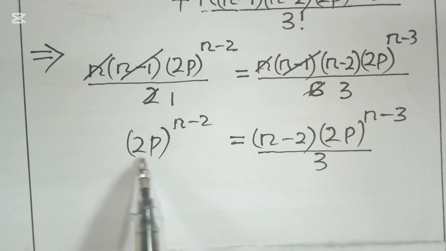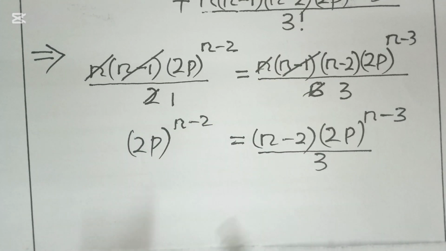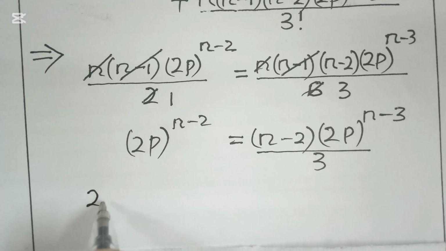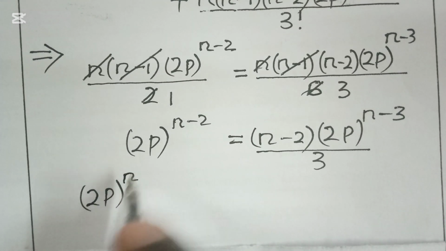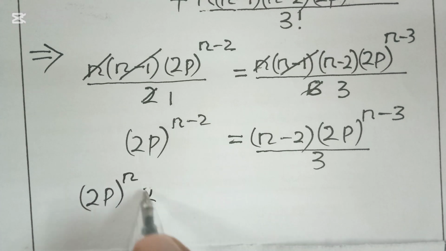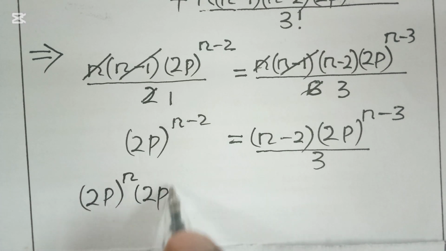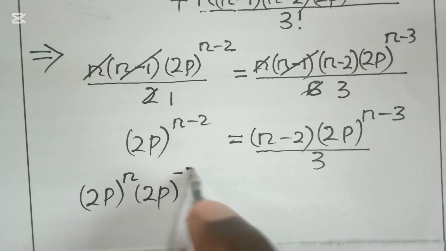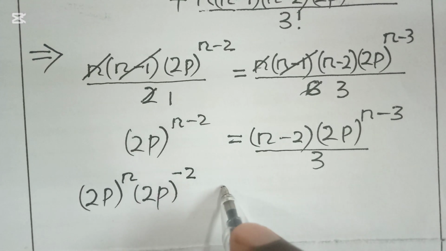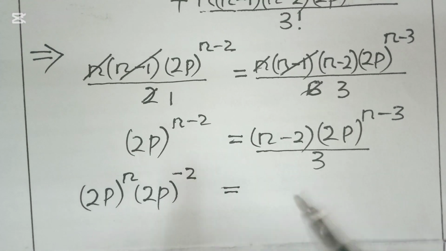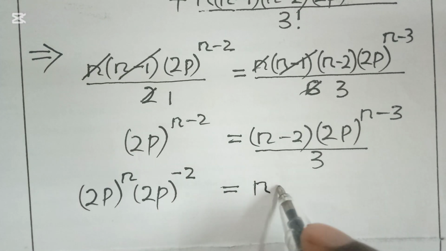By the law of indices, this is 2p raised to n times 2p raised to negative 2. On the other side we can still do the same for 2p, where we have n minus 2.